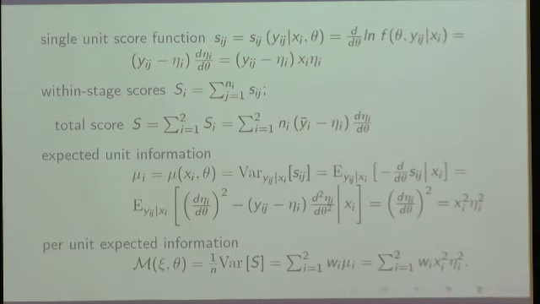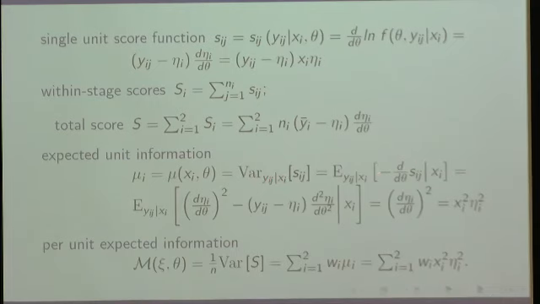What is used in decision-making in sequential optimal designs is based on this expected unit information. Again, for one subject, I use the notation mu_i, and this is a function of the design point and the parameter. It's the conditional variance of the score function, where the conditioning is given the design point.